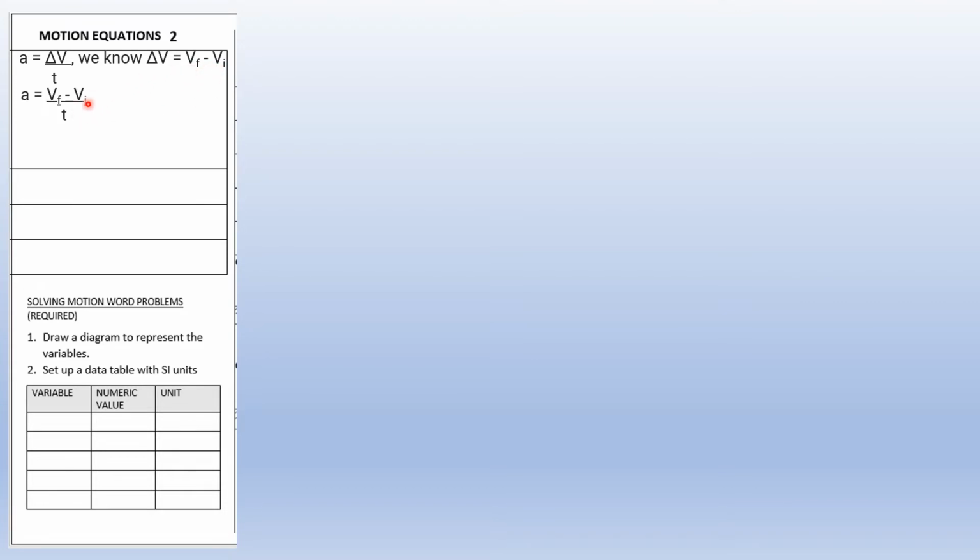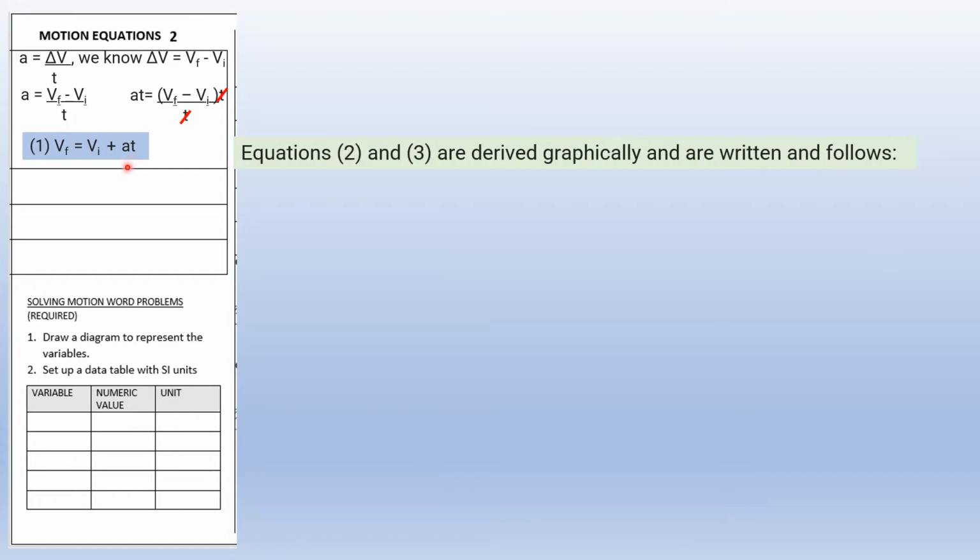Doing the substitution and rearranging this equation in terms of the final velocity, here is our first motion equation. Final velocity is equal to initial velocity plus acceleration times time.